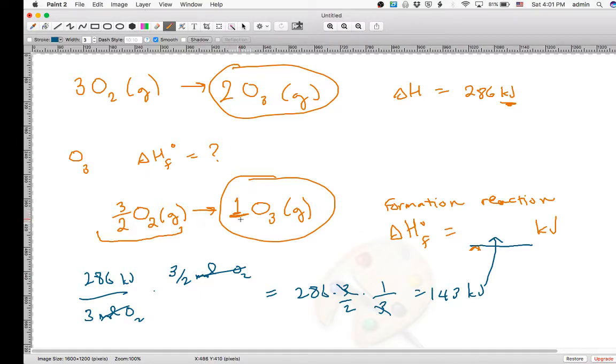So this doesn't need just oxygen gas. This ozone can also be made from nitrogen dioxide plus oxygen gas. It could be made from sulfur dioxide plus oxygen gas. It could be made from dinitrogen monoxide plus oxygen gas. There are all kinds of items in air pollution that make this reaction go much more quickly than it would normally with just oxygen gas.